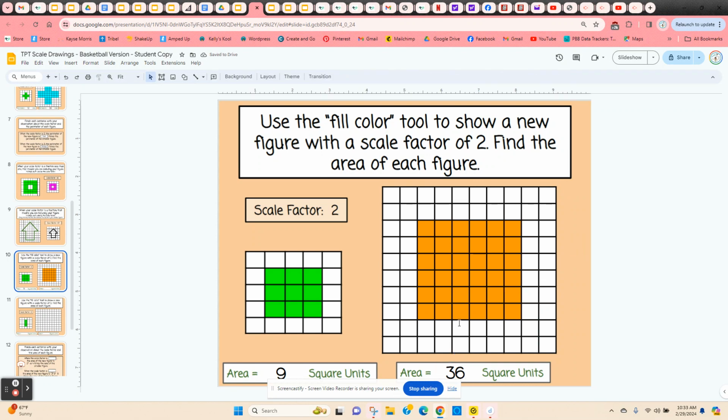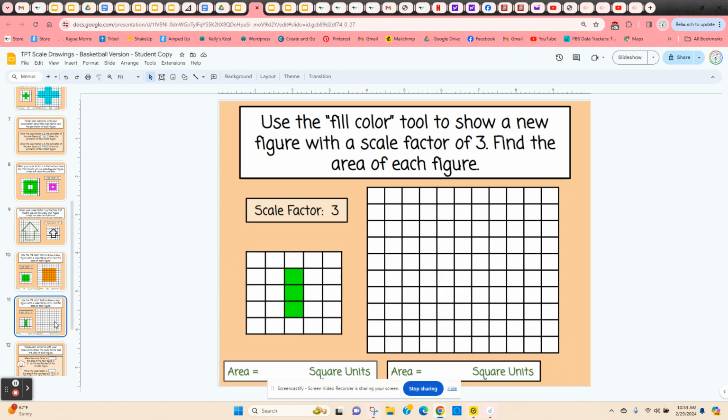So you might want to ask the students what the relationship is. If they can't figure it out, then just explain to them that the area changes by the scale factor squared. So 2 squared would be 4, 2 to the second power. So you're going to multiply your smaller area by 4.